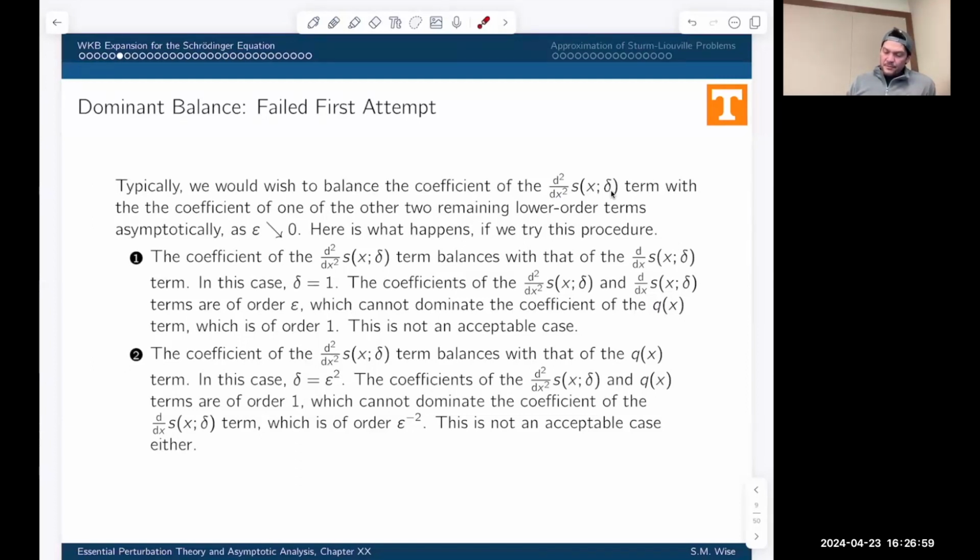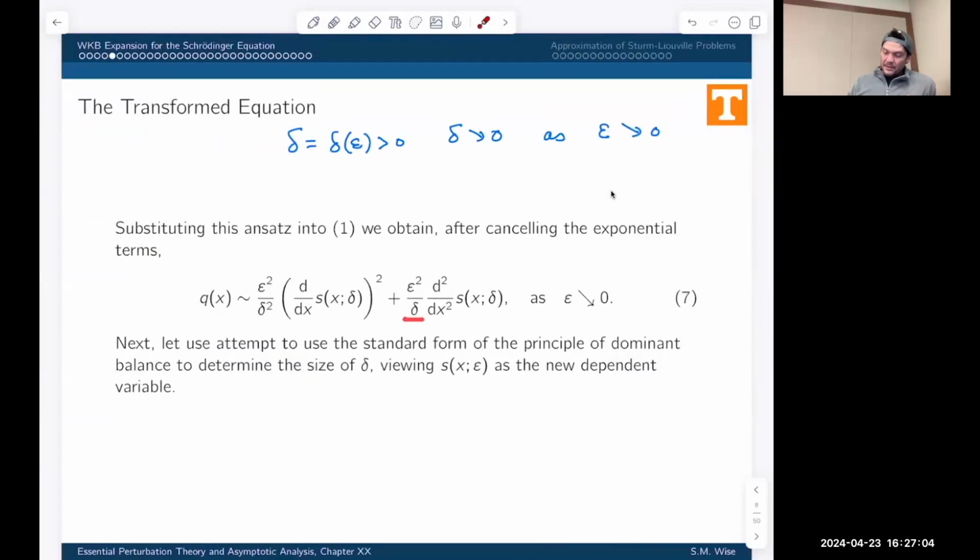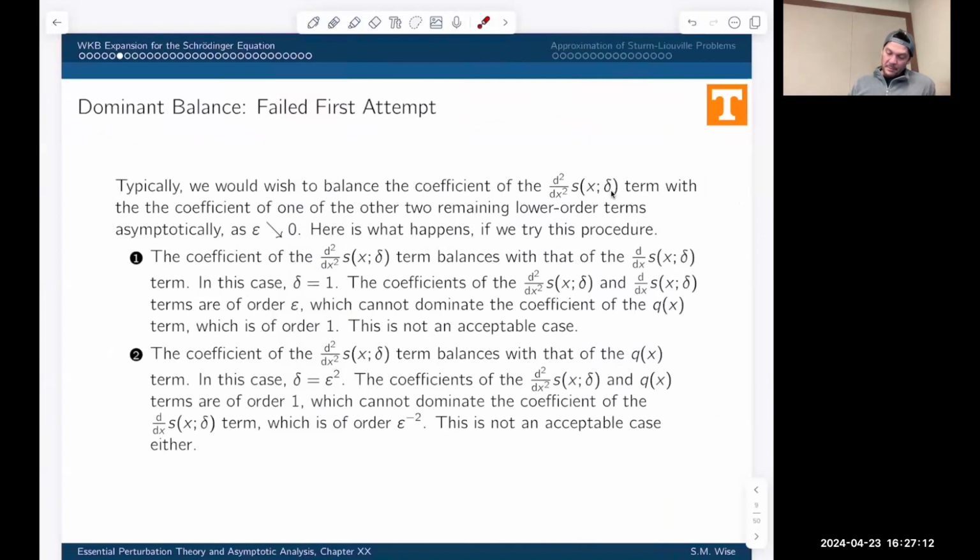So we have only two choices, really. This term balances with either this term or this term. If we demand on keeping that, then here's what happens. If we balance the coefficient of the first term with that of the first derivative term, then what we get is that delta has to be equal to 1.